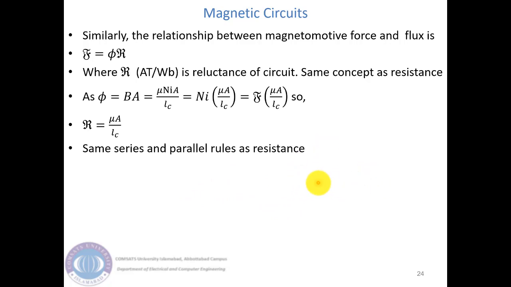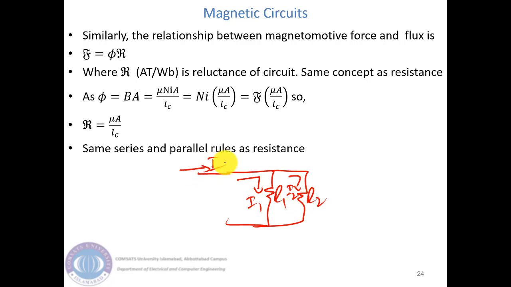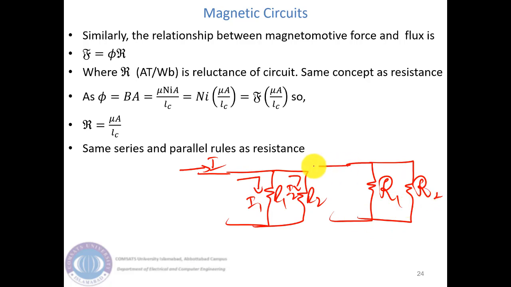Just like when two resistors are in parallel, the current will be divided, say I1 and I2, and the sum of their currents is I. Similarly, if we have these magnetic circuits R1, R2, the main flux flowing here will be divided into phi 1 and phi 2. But if they are in series, they will be simply added together, just like in the resistance.